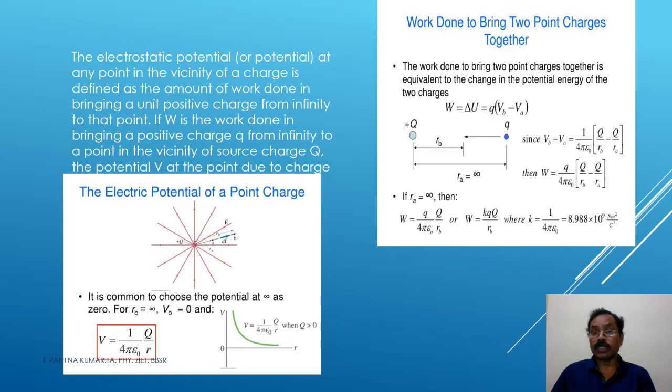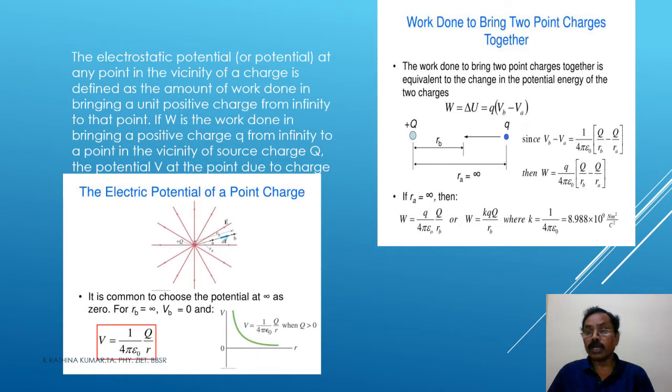Let's take this equation and a diagram from here. The charge is brought from infinity to a particular distance, mentioned as RB, the distance at the point B. So the potential difference VB minus VA will be equal to 1 by 4 pi epsilon naught, Q by RB minus Q by RA.